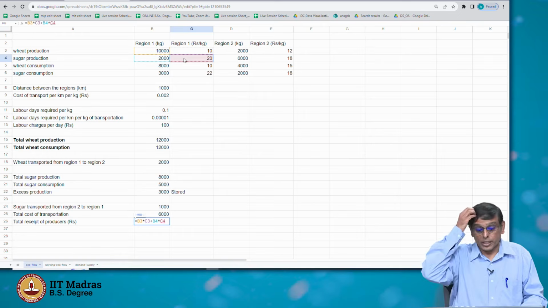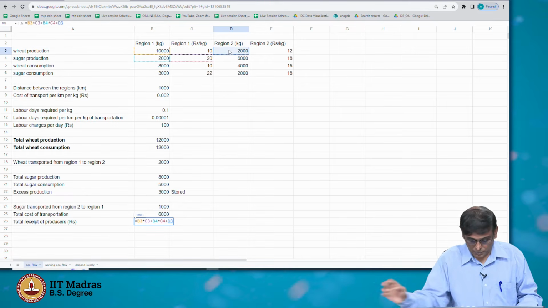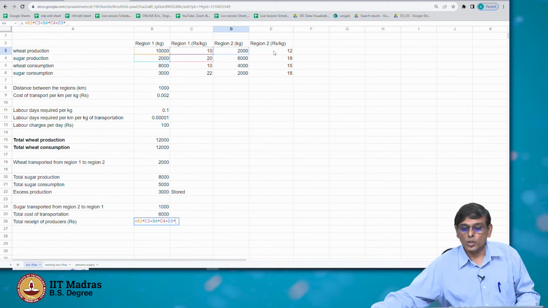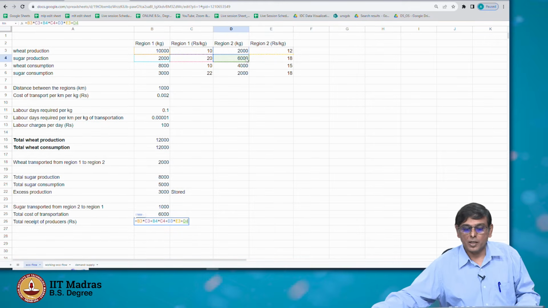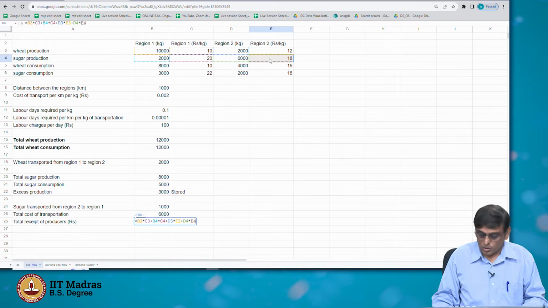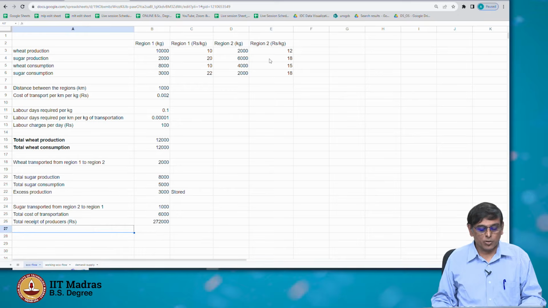So, this is the amount they received for B3 into C3 is the amount for wheat, B4 into C4 is the amount for sugar for region 1, like that. 2,000 into 12 is for region 2 wheat and region 2 sugar. So, 2,72,000 rupees is the total receipt of producers.